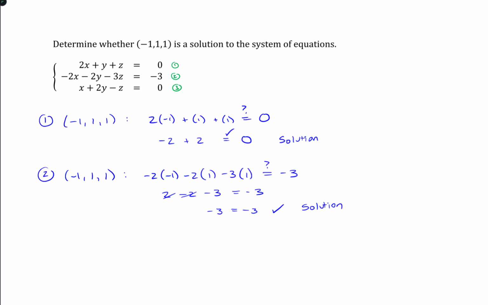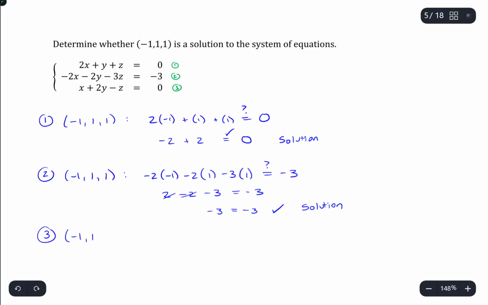But it has to solve all three in order to be a solution to the system, so we still have to check the last one. So the point, again, negative 1, 1, 1: the x value, which is negative 1, plus 2 times the y value, which is positive 1, minus the z value, which is 1 again.